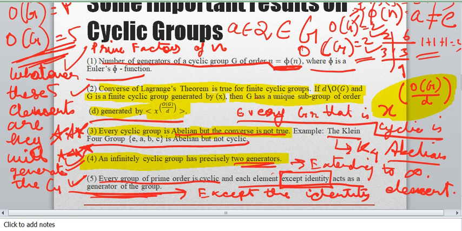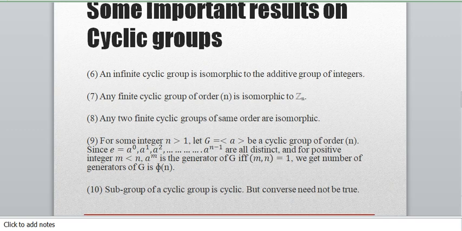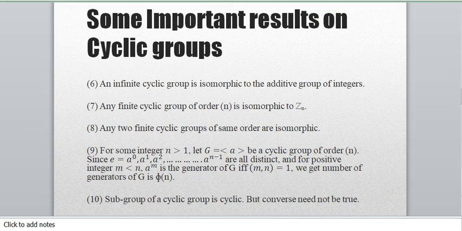What is {e, a, b, c} is very simple to understand. e is the identity and a, b, c can be any element. So if it's multiplication, the identity is 1. The Klein-4 group is abelian but not cyclic. Now, how it is abelian but not cyclic is a simple thing to understand.